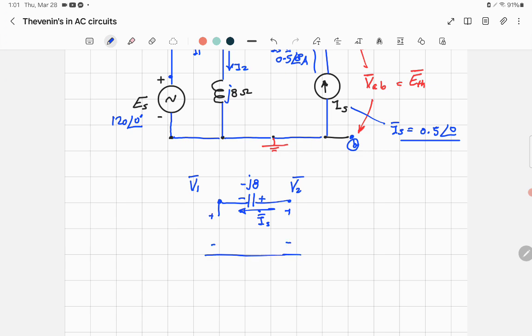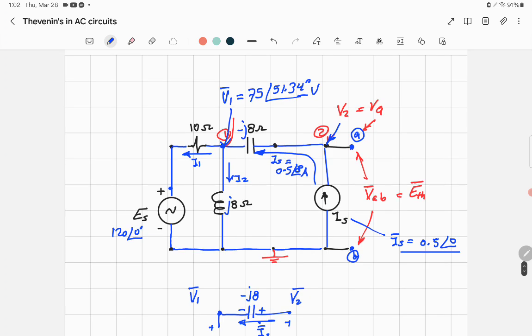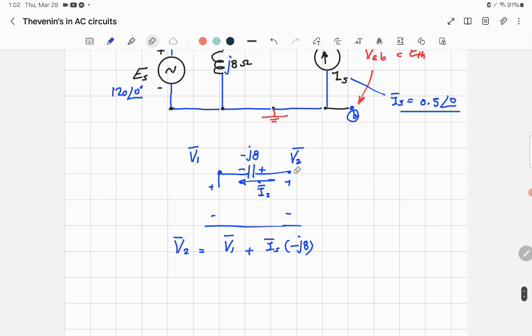According to that, V2 will be equal to V1 plus the current times minus J8, according to this simple circuit in front of us, extracted from this big one. So you can just focus on it. You have voltage here, you have voltage here, you have current in this direction, make it positive, negative, and this positive, negative, so they are connected in series. You are adding the voltages to get V2. That's why I say V2 is equal to V1 plus IS times minus J8.